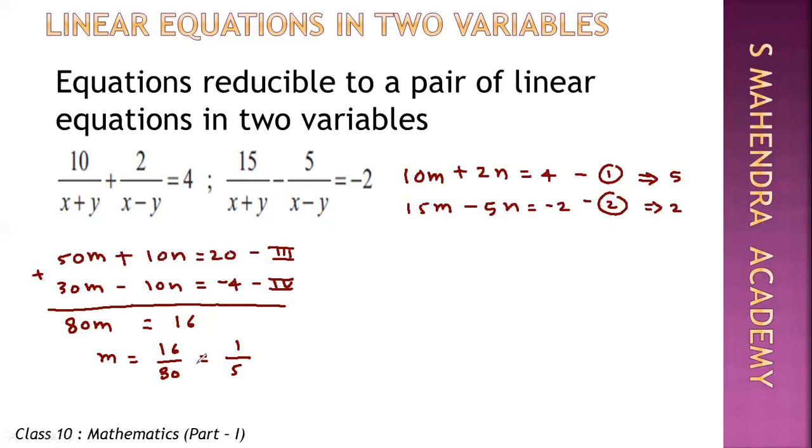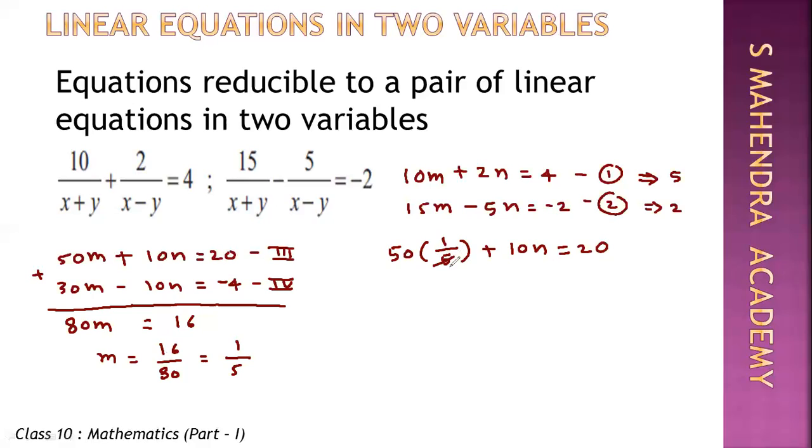Now we will substitute this value of m in equation number 3, and we will get 50 into the value of m, which is 1 upon 5, plus 10n is equal to 20.